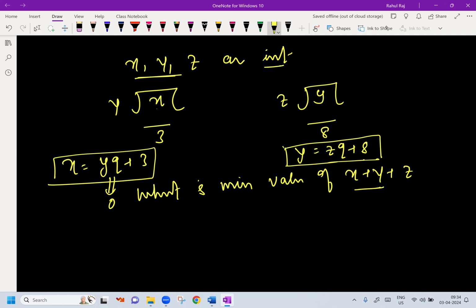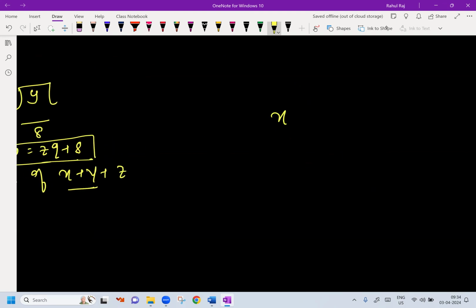So to get the minimum value of X, don't you feel the quotient term should be 0? No, the minimum should be 1? No. If it is 1, then the value of X will be 4. If it is 0, the value of X is 3, no? No, because 4 goes in 7 once and the remainder is 3. Why should it be 0? X is equal to Yq plus 3.